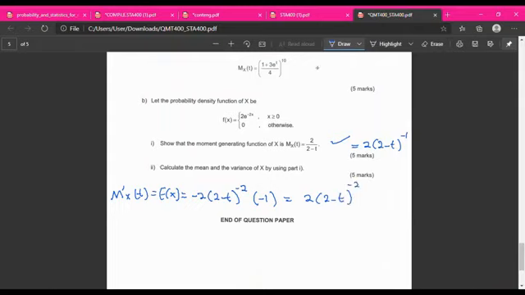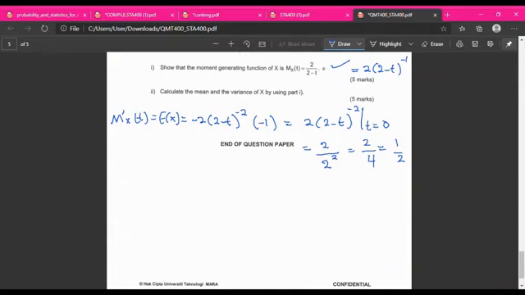Betul kan? Then replacekan t with 0, then 2 minus 0 is 2, so 2 over 2 power of 2. Right? So you akan dapat 2 over 4. So 1 over 2. Alright.